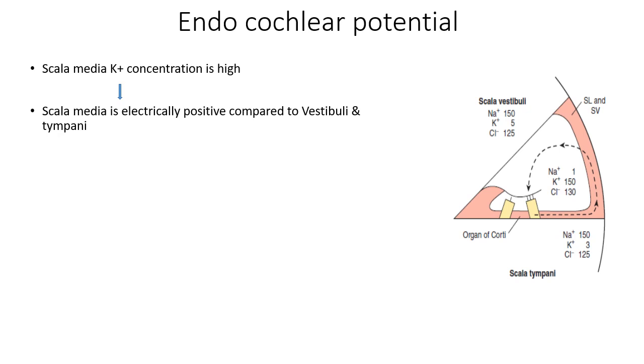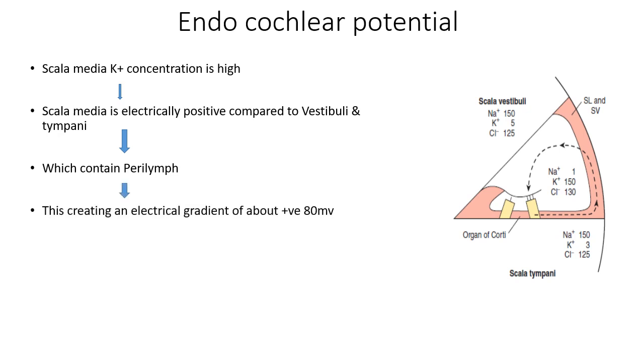This scala media is electrically positive compared to the vestibuli and tympani, because the potassium concentration is too low in perilymph. Ultimately, this creates an electrical gradient of about positive millivolts. That means the scala media is electrically positive compared to these two, because the potassium concentration is too high compared to the other.